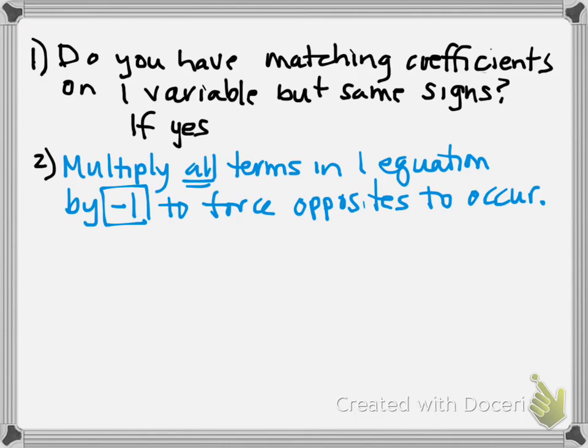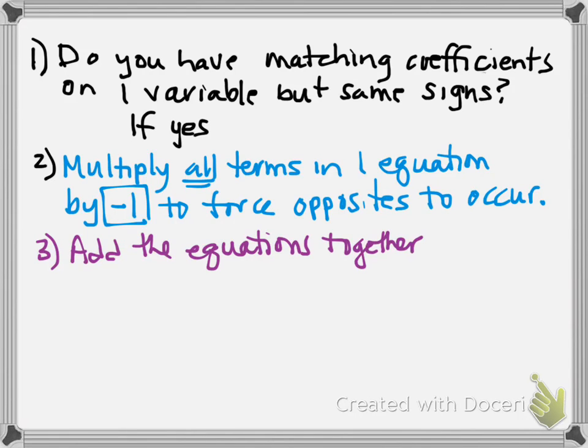So we have the ability to now alter the equations to get that match that we're looking for, which is same coefficient on the same variable but opposite signs. Okay? So all this is called prep, and we're prepping this problem to solve. And then next we would just add the equations together and continue on the process that we talked about yesterday.